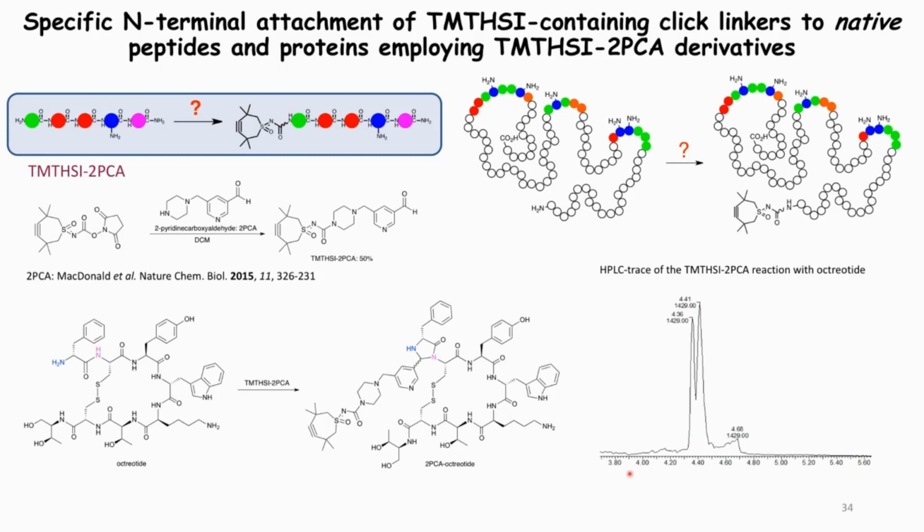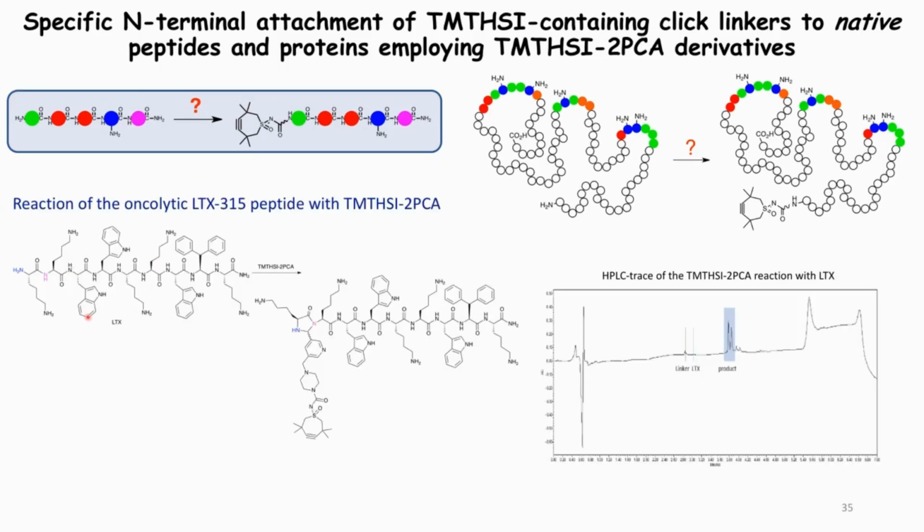So this is really great news. And if you go beyond this and take a peptide which contains several lysines here and do the same reaction, you end up finding just one diastereomeric mixture resulting from the reaction of this TMTHSI derivative selectively with the amino terminus. So this is a great finding.